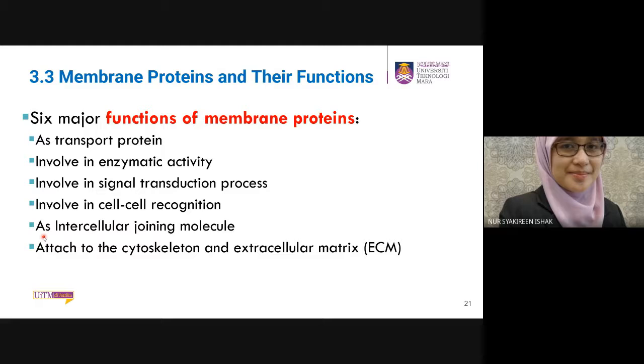So this tight junction or desmosome will attach cells of the same type to form tissues. Okay, so this is involved in intercellular joining. And then the last one is to attach the membrane protein to the cytoskeleton and also the extracellular matrix.